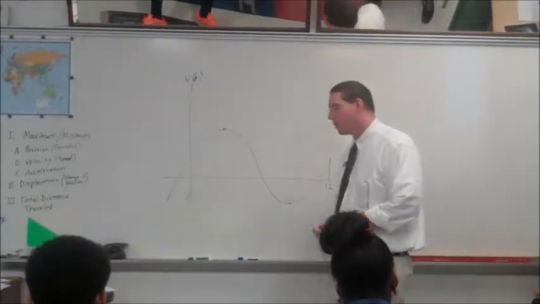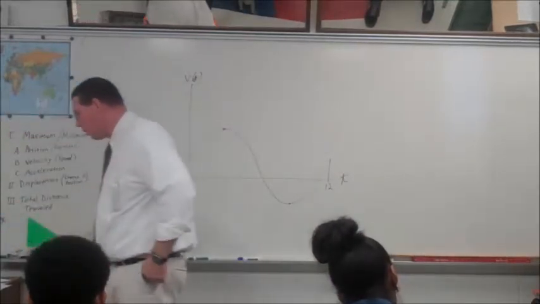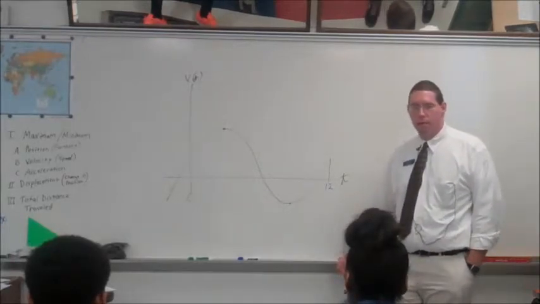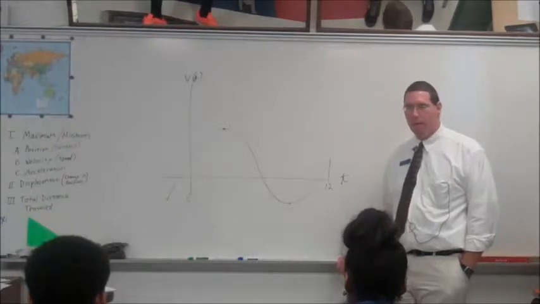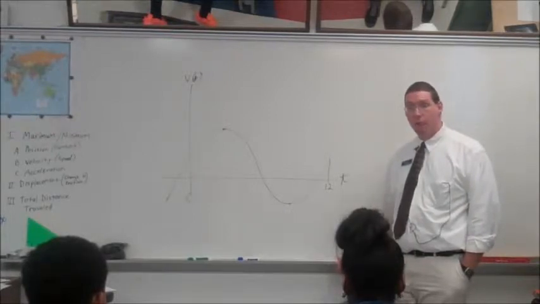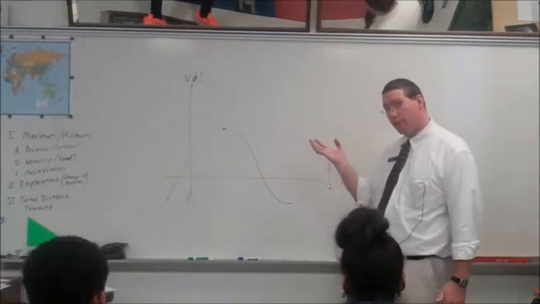I got a question for you. I want you to look at the graph and think about this. What is the slope of velocity at its maximum and at its minimum? 0. Yeah, acceleration. That's right. It's 0, the slope of the tangent line. Can you imagine the tangent line on there?